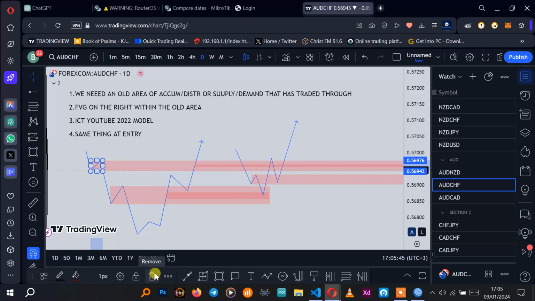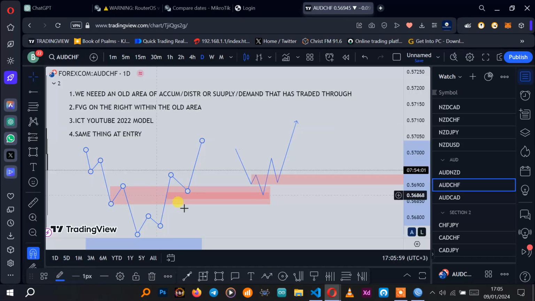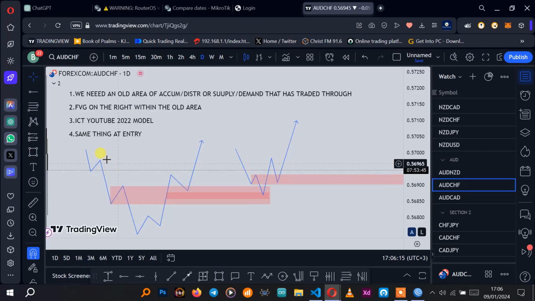I'll first remove this because it was just a demonstration. So this is now what is happening on a lower time frame. Let's assume this setup is on the daily, or on the 4-hour. So you go to the M15 and wait for the same setup, the YouTube 2022 model, to play out. It's basically a derivation of that model, only here we are focusing on these areas that were traded through.